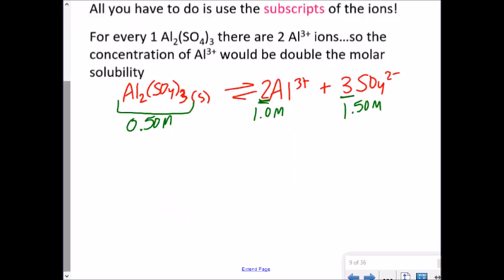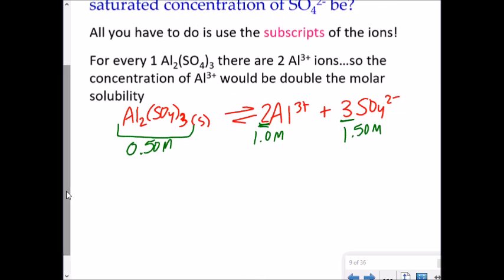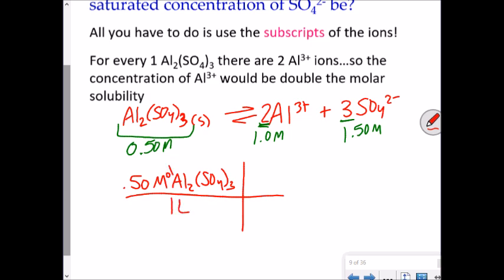Now, for those having trouble visualizing this, like I said, you could do it the stoichiometry way. You could do 0.5 molar of your aluminum sulfate, or make this moles over 1 liter. If you really wanted to, 1 mole of your aluminum sulfate is going to be how many moles of aluminum? It would be 2 moles, right?